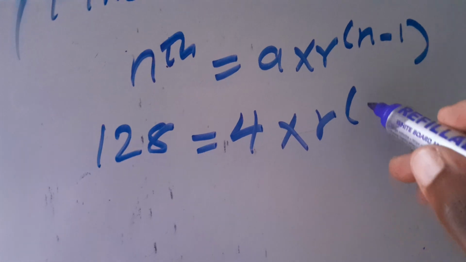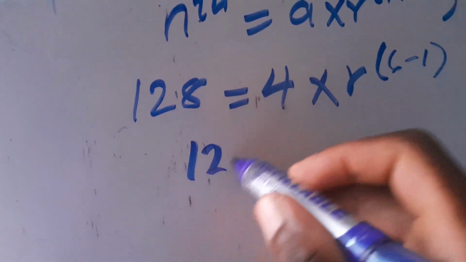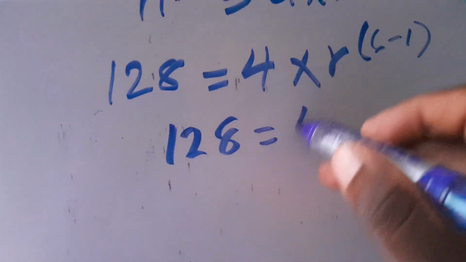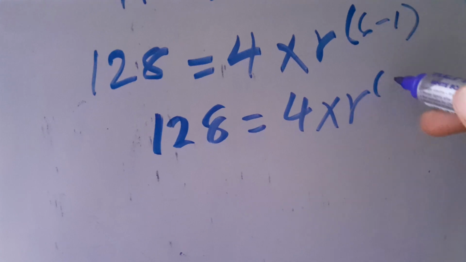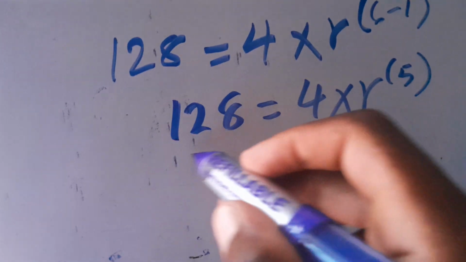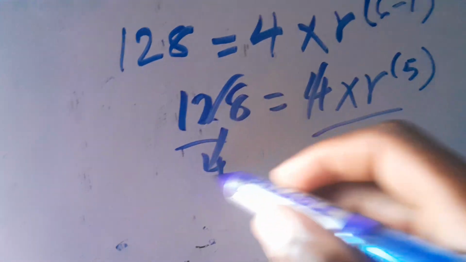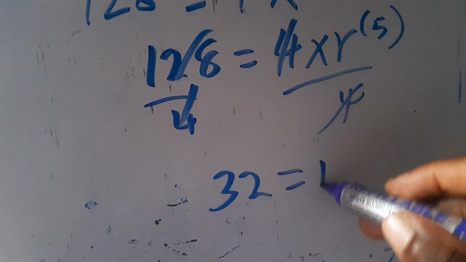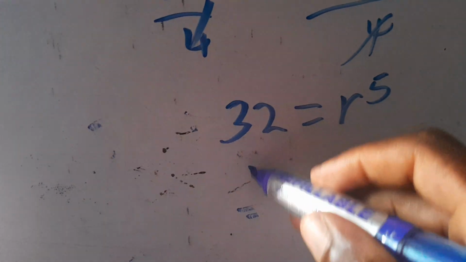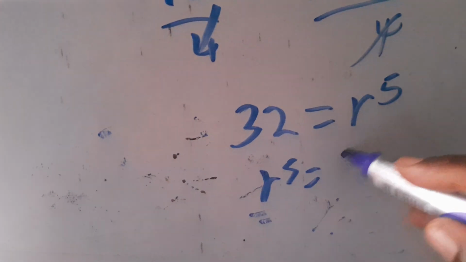N minus 1 is 6 minus 1. That will be 128 equals 4 times r raised to power 5. Divide all along by 4, so you have 32 on one side equals r raised to power 5. R raised to power 5 is equal to 32.